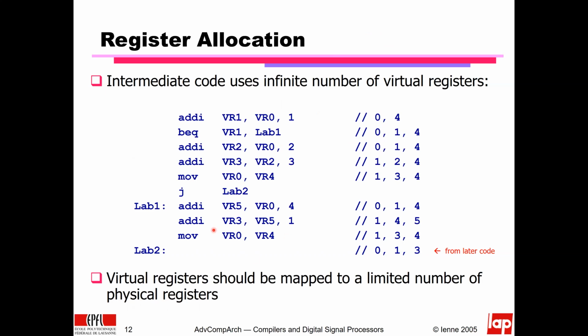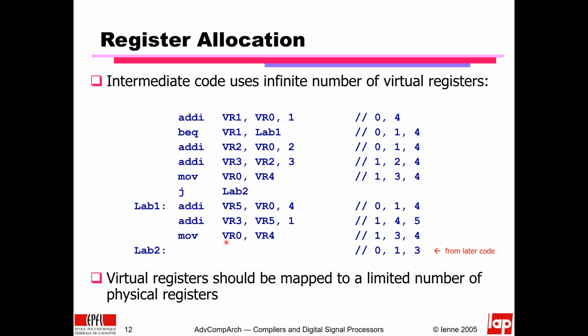I also notice here that I'm writing in VR0 some new value. So from the next instruction, there is certainly something valuable in register 0. But that also means that the value that was in virtual register 0 here is dead, because nobody can read it anymore. The moment it is overwritten here, there will be a new value, and here there is no value that I care for in register 0.